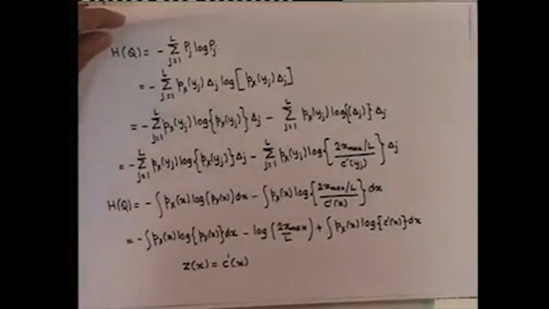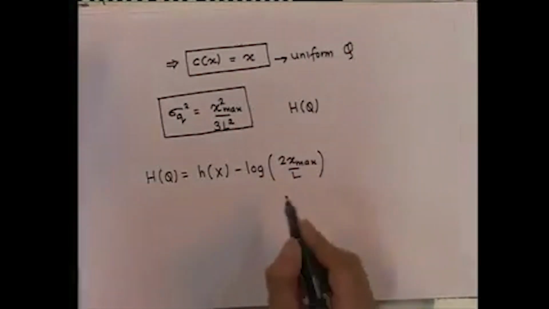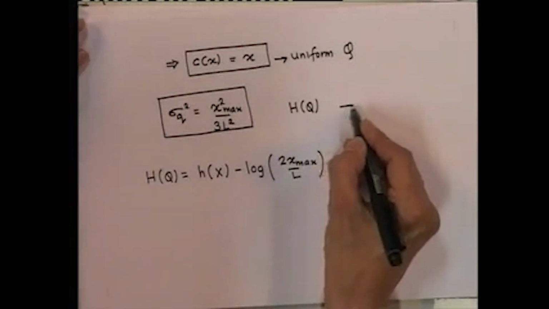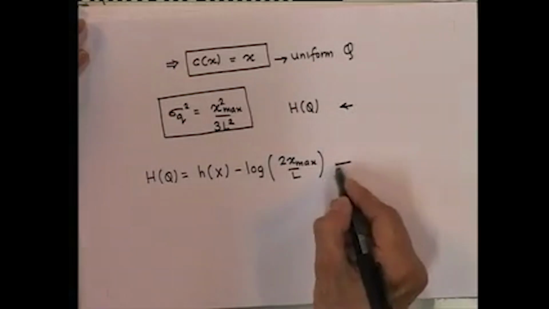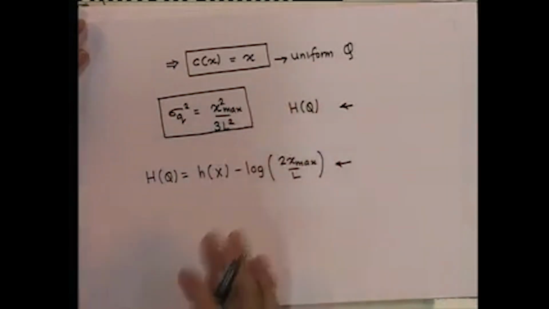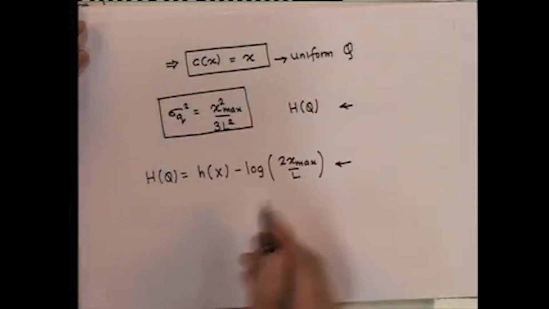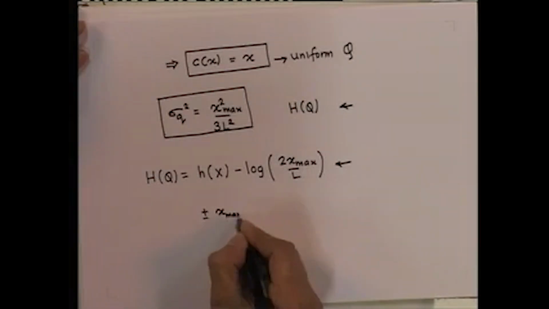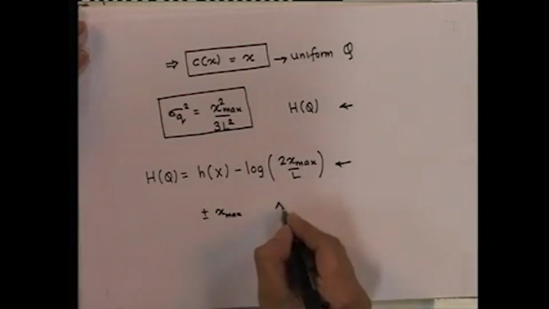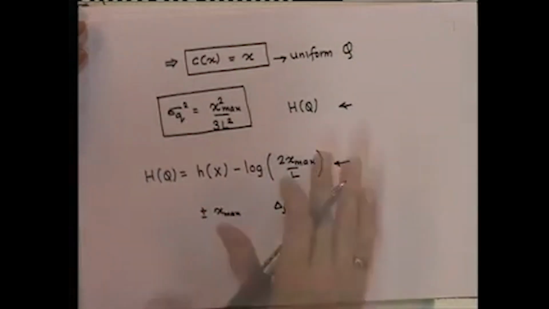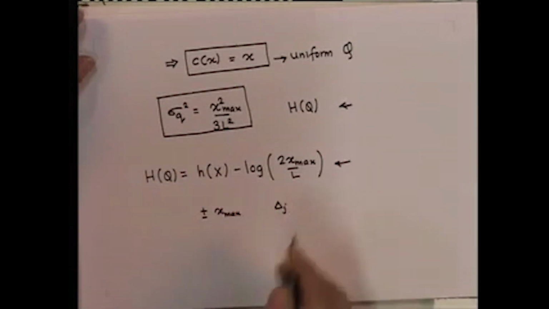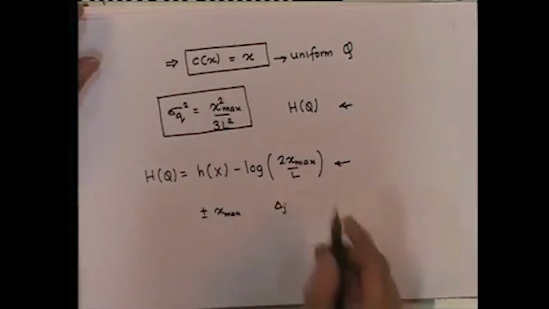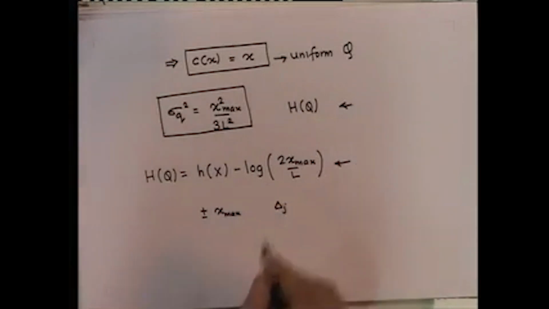Now, it is important to note that this derivation is valid only if the source PDF is bounded by plus minus x max and if the step size is small enough so that we can reasonably assume the PDF to be constant over a quantization interval.